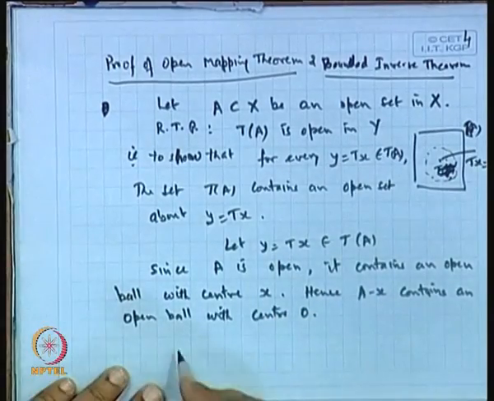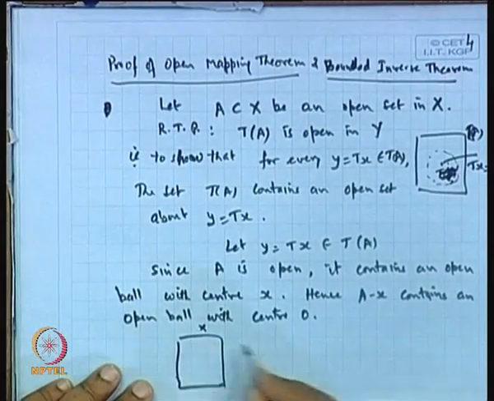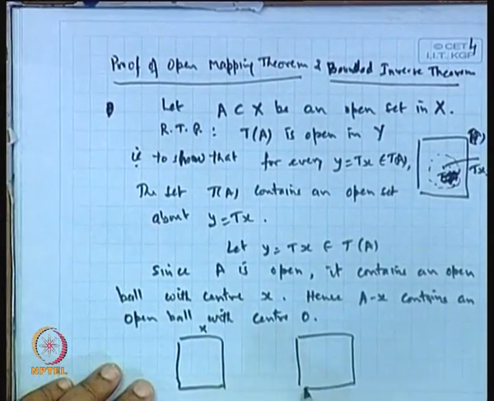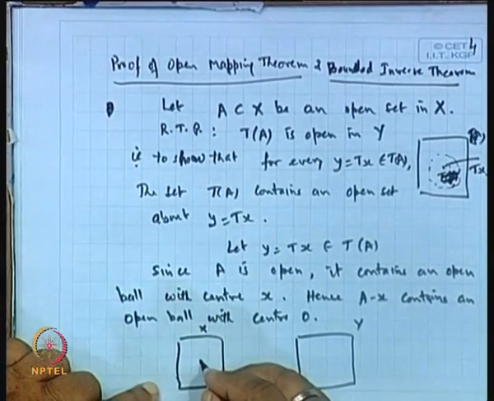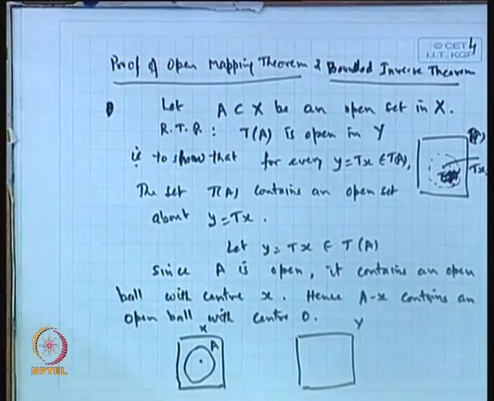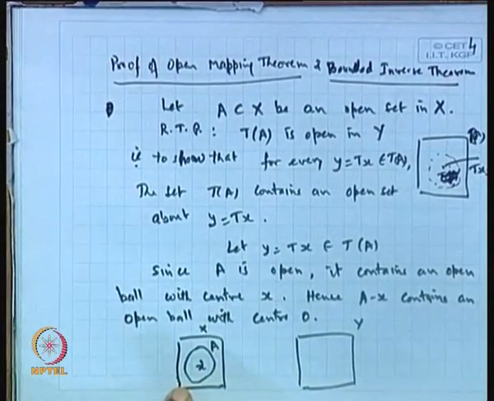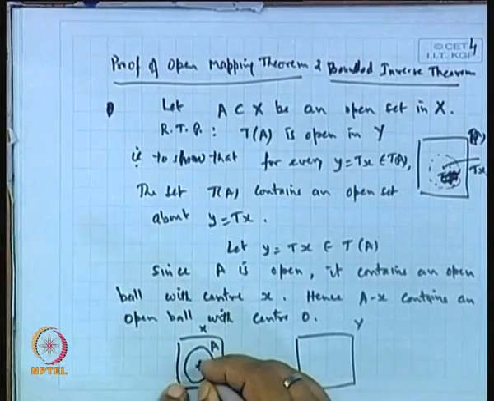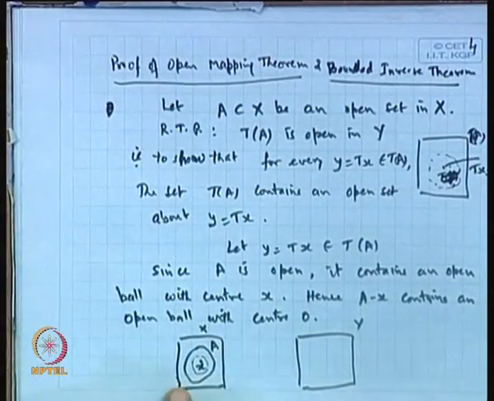What is the meaning of this? Suppose this is x and here this is y. This is our set A in X, it is an open set. So, if we pick up any point x here, then we can find an open ball around this point which is contained in it. Okay.